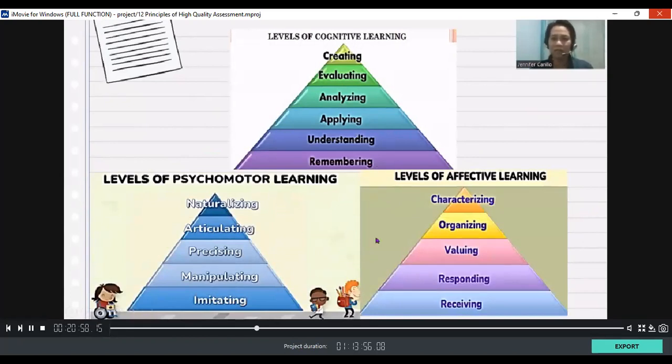So here are the 3 domains of learning. We have the cognitive learning, psychomotor learning, and affective learning. There should be balance among the 3 because in the OBE, in today's generation, we need to develop our students holistically. So we will not only focus on the cognitive domain, we should also give them activities to develop their psychomotor and affective learning. Also, in cognitive domain, we should not only stick in one level.